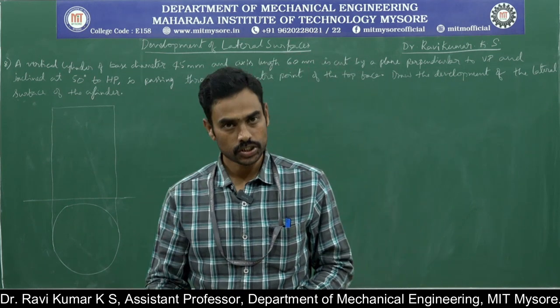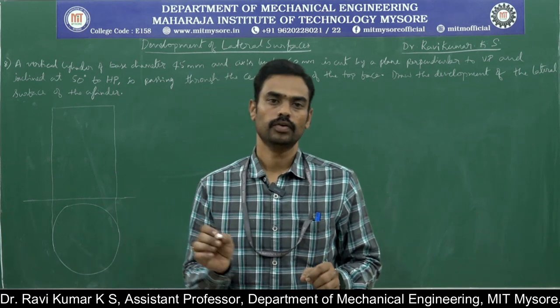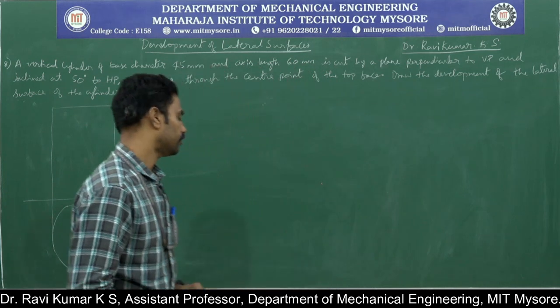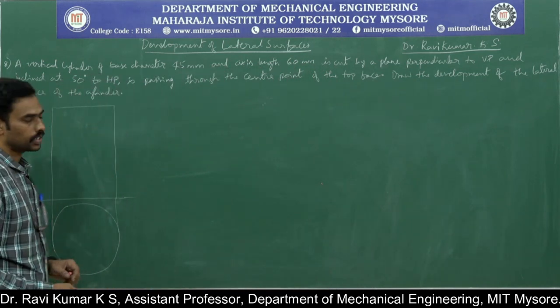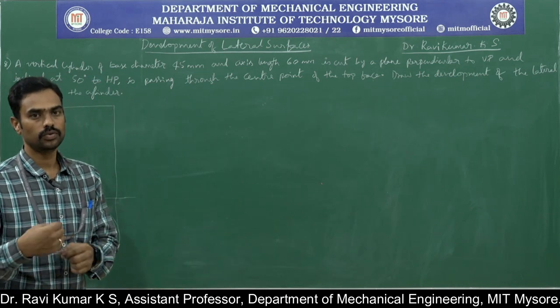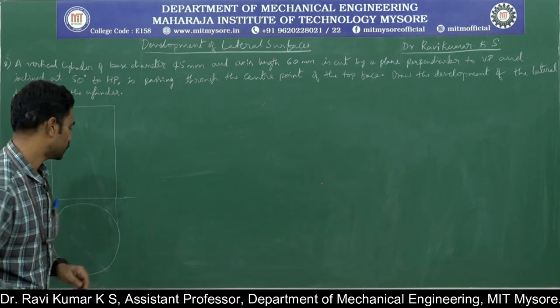So just for the construction purpose, we need to divide the circle into an equal number of parts, because a circle has no sides, and for the construction we need to have some number of sides.